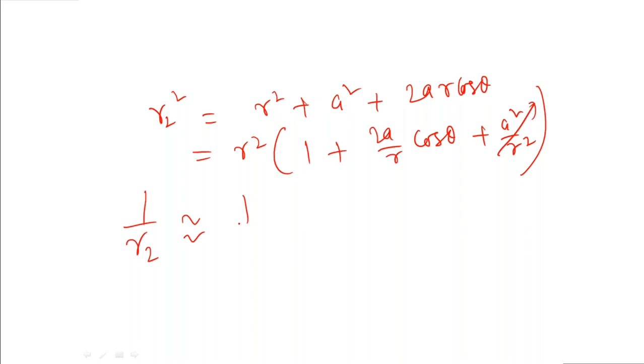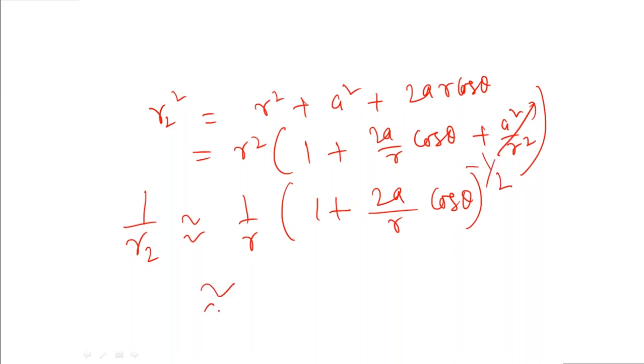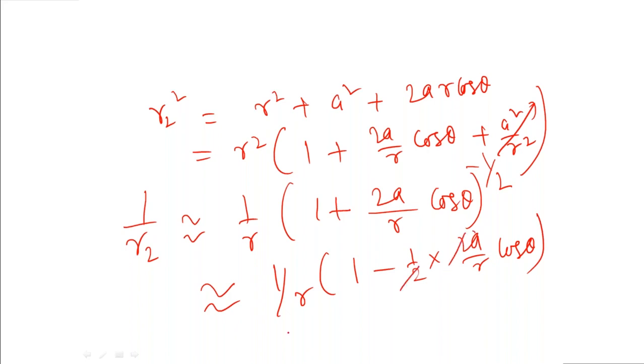So if I do the series expansion here and take up to the first order term, it will be minus, the half will be multiplied with this 2a by r cos theta, and 2 goes off, so you will get 1 by r times 1 minus a by r cos of theta. See, for the previous case you got plus over here, and now you have got minus. So I'll just write all of them.